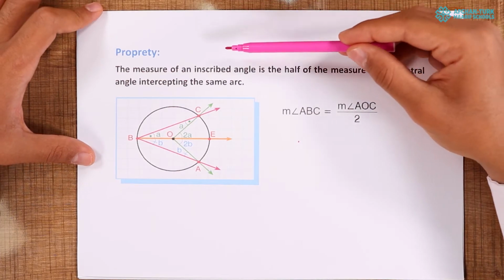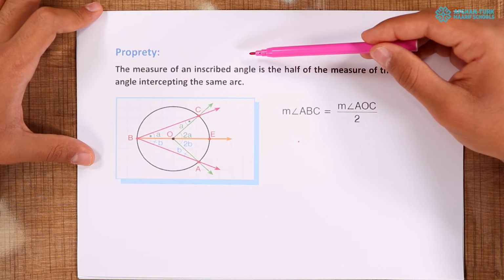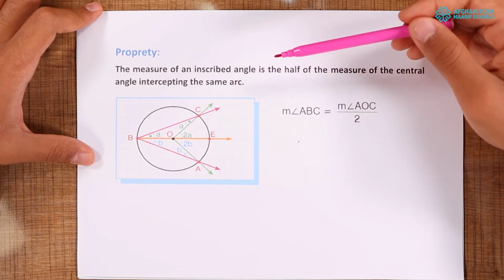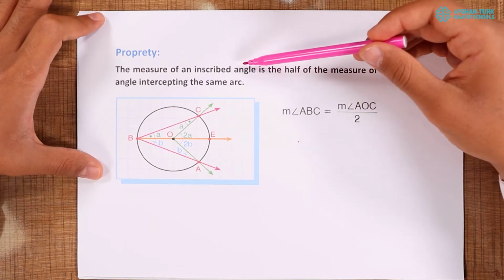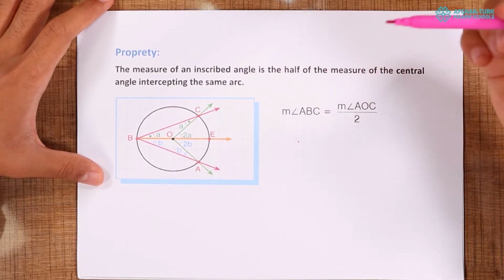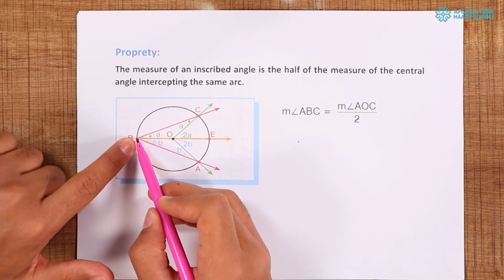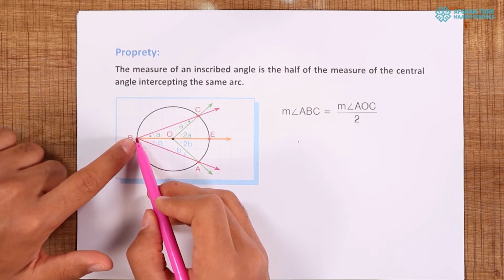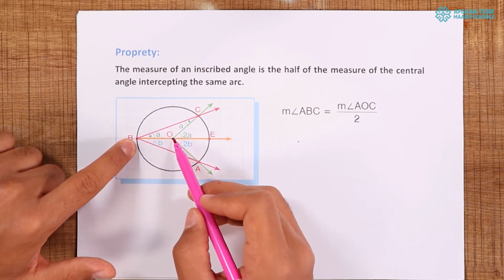Property: the measure of an inscribed angle. This property will let us know how to find the angle of the inscribed angle. The measure of an inscribed angle is half of the measure of the central angle intercepting the same arc, as you see in the figure. We have a vertex point B and two chords, and we also have a central angle here.